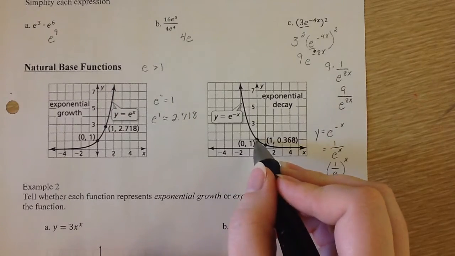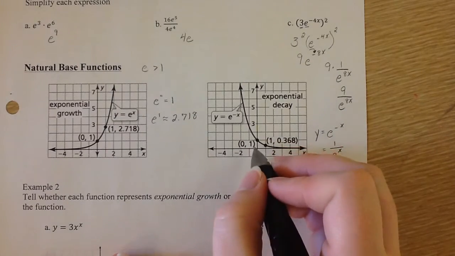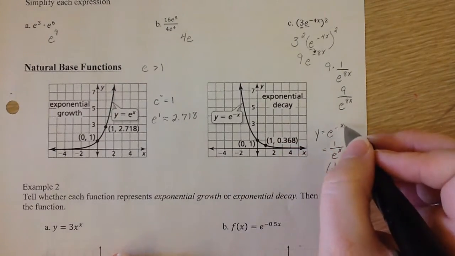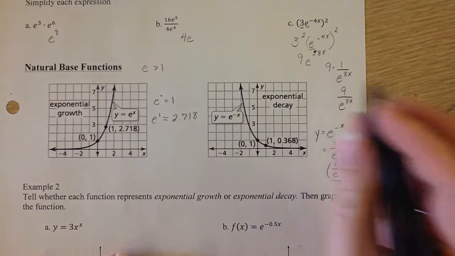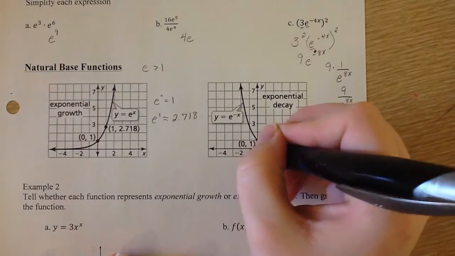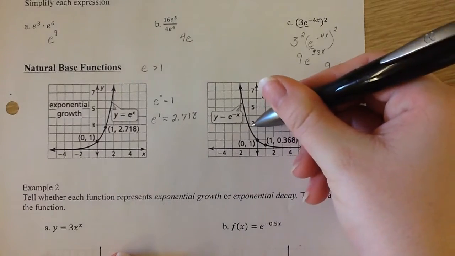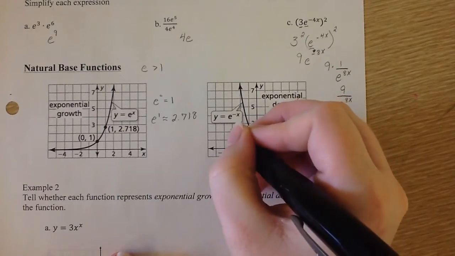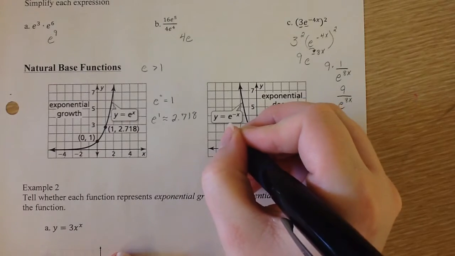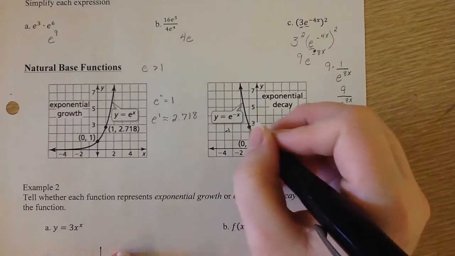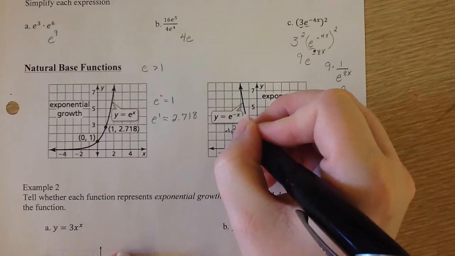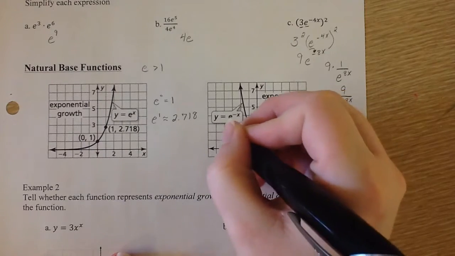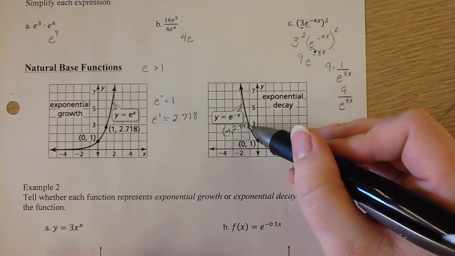But now it's slightly different in that when I put a negative 1 into this, I get e, so I get 2.718. That is the point negative 1, 2.718 right there.